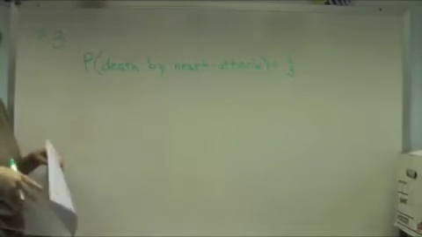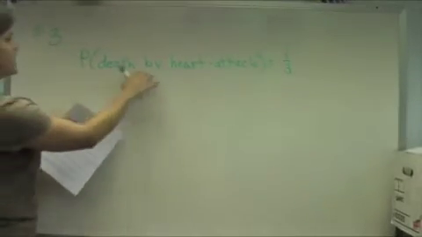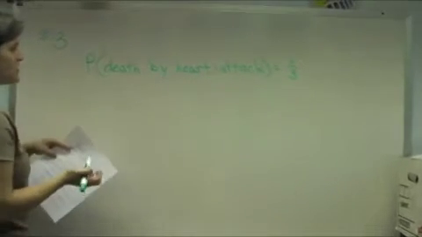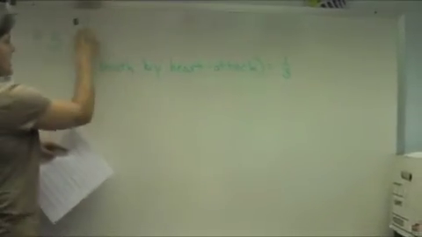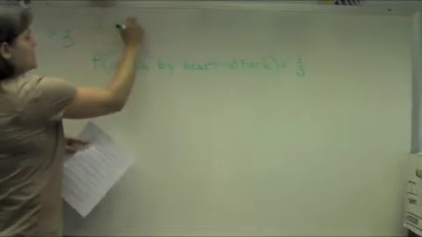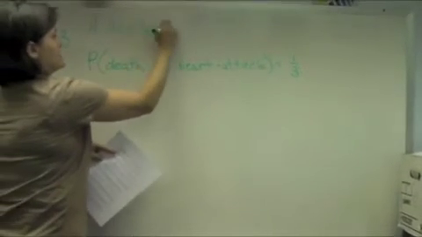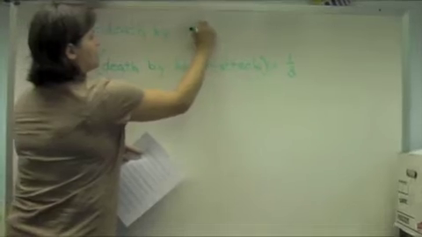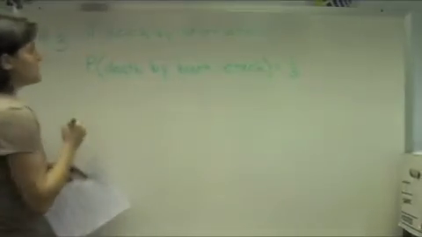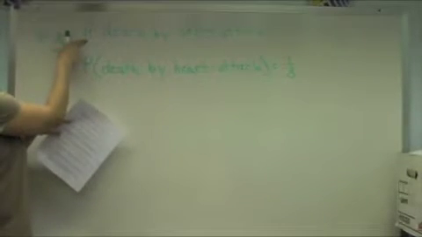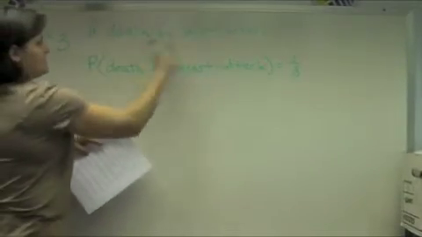Now if you're going to shorten an event by using just a variable, for example, if you wanted to call death by heart attack the letter H, you would have to define it at the beginning of the problem. From there on, you can use that event H to denote the event of death by a heart attack.